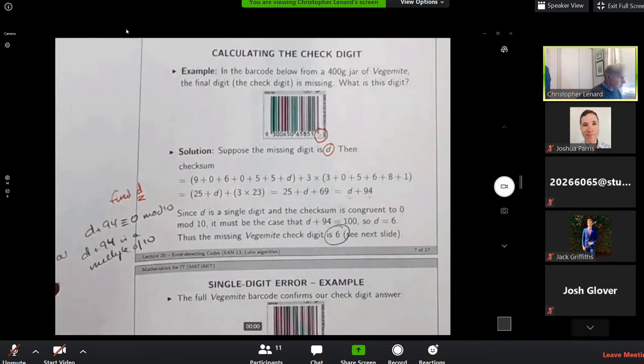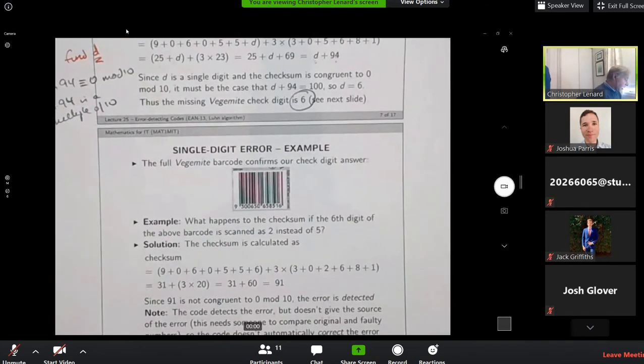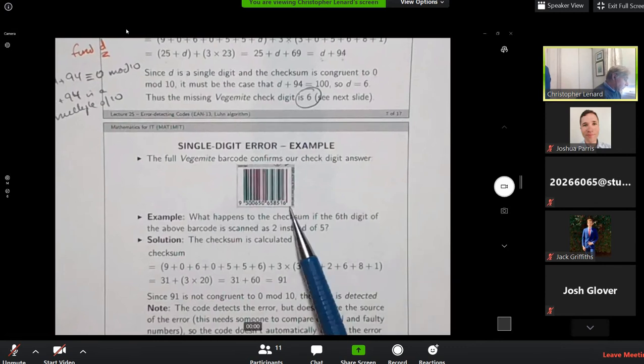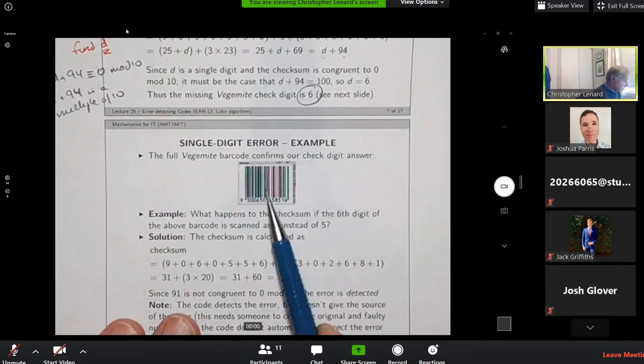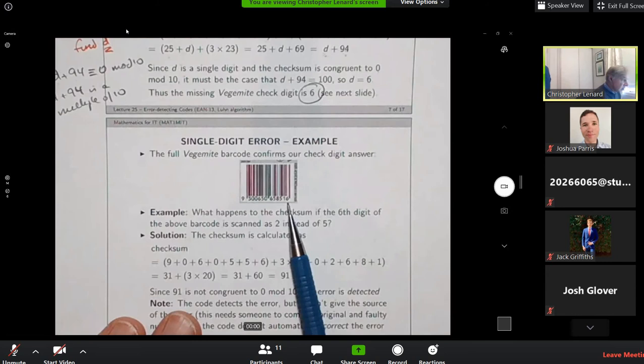So there it is. That's what it should be, 6 just there. Now, what if there's a mistake? We know that the Vegemite barcode should end in a 6.